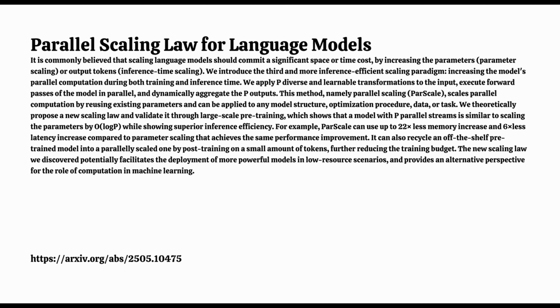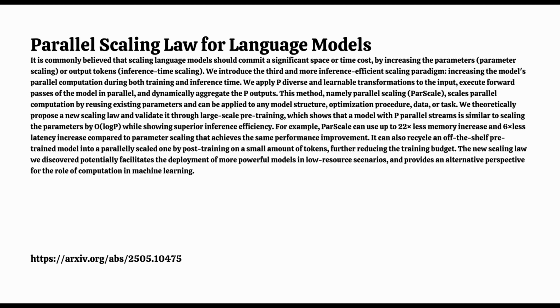And then, crucially, there's a dynamic aggregation step at the end. It doesn't just average the P outputs. It intelligently combines them. And they mentioned this is pretty flexible, like it doesn't rely on one specific model type. Yeah, they emphasize it can work with different model structures, optimizers, data, tasks. It's presented as a general technique. Again, figure 1.1 helps visualize those streams converging.